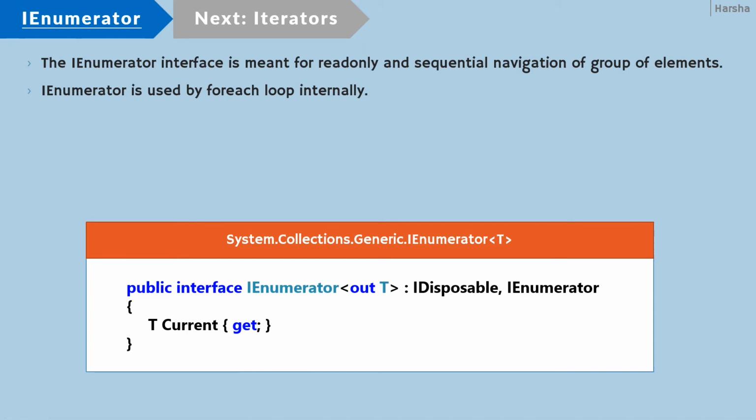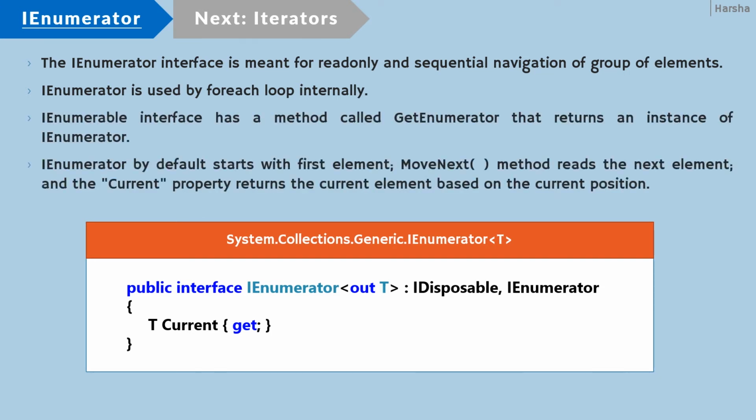Do you know, the for each loop works based on IEnumerator. The for each loop by default starts from the beginning of the collection, and goes through each and every element in a sequential order, right? Internally, it works based on IEnumerator.